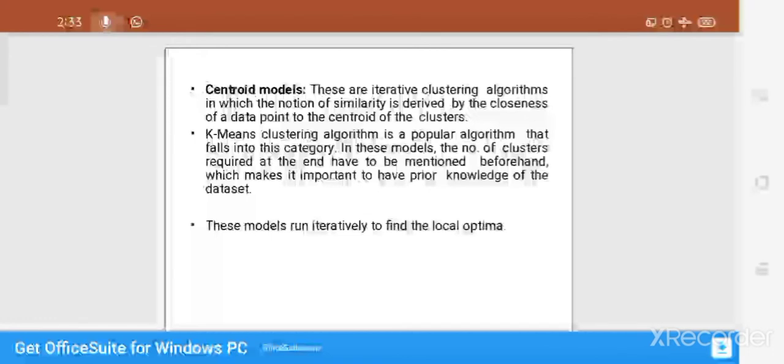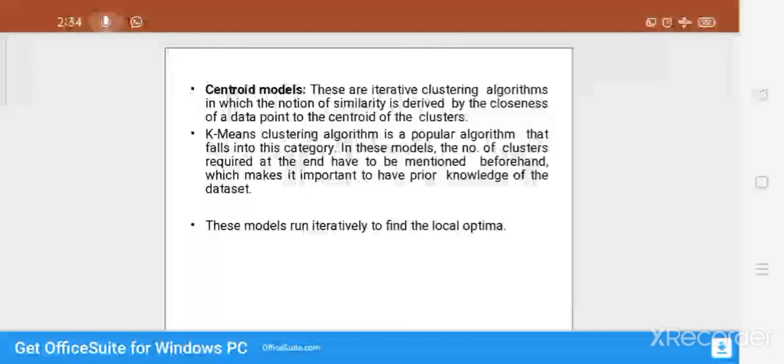Next is the centroid model. These are iterative clustering algorithms in which the notion of similarity is derived from the closeness of data points to the centroid of the cluster. The centroid is nothing but the center of the cluster. Depending on the data points, it forms the center point for that particular cluster, and the centroid gets shifted as we apply the algorithm and as the data points get separated.